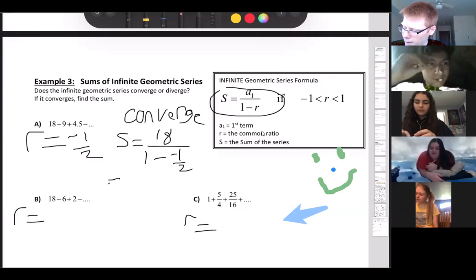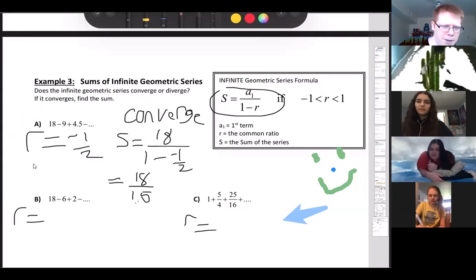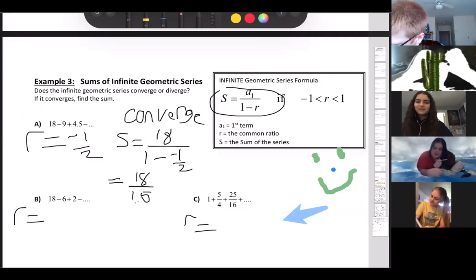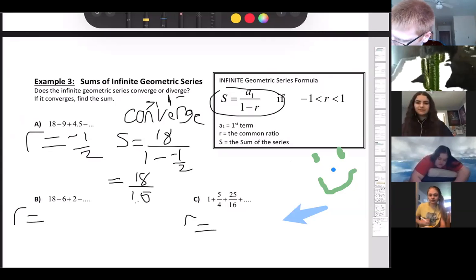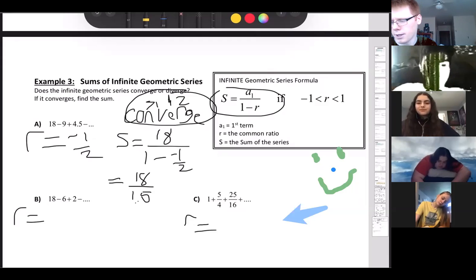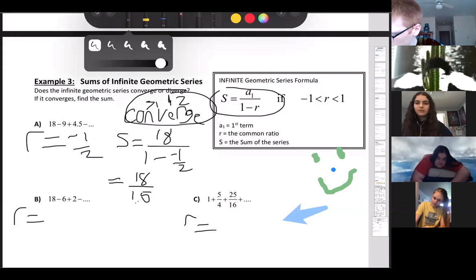So we have 18 over 3/2, or 1.5. If you put 18 divided by 1.5 in a calculator, what do you get? 12. So this would converge to 12. If you kept adding more and more terms, you would see it get closer and closer to about 12. The more terms you add, the closer it gets.